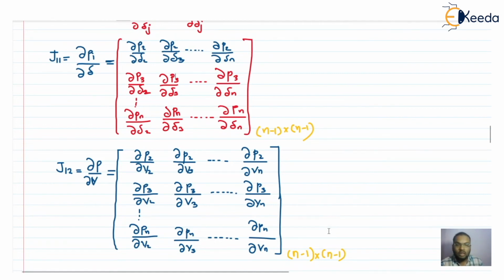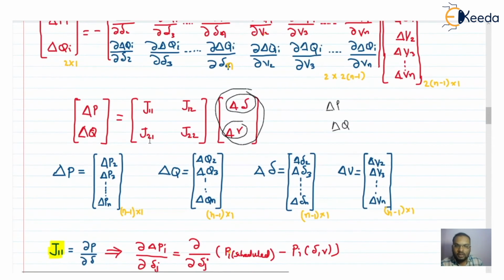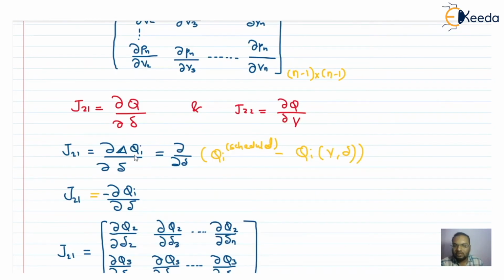Now J21: second term from this side and first term from this side. It will be the partial differentiation of change in Q with respect to change in phase angle.